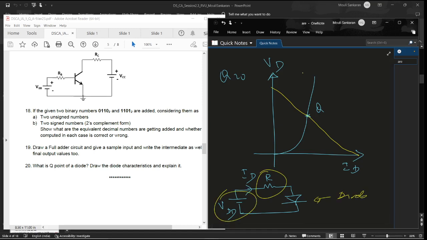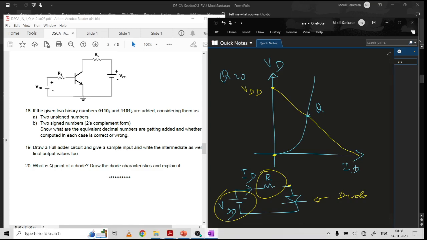Now imagine the diode is not having any current flowing through it at all. In that case, what will happen? There is no current flowing, current is zero. Then whatever we see here, voltage will be VDD by, let me explain that first.